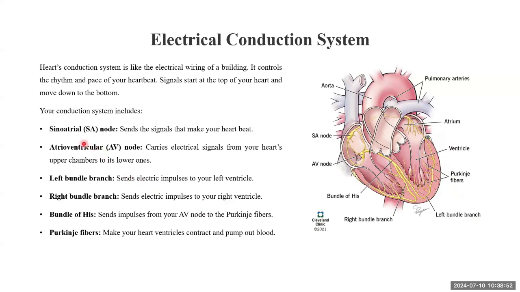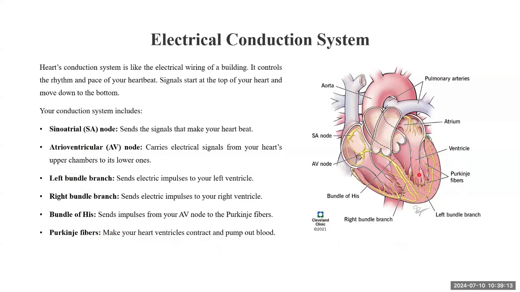So there is the SA node, then the AV node, the left bundle branch and the right bundle branch, the bundle of His, and Purkinje fibers. These are the fibers that spread out from the conduction system, and they are attached to the muscles that are attached to the valves.